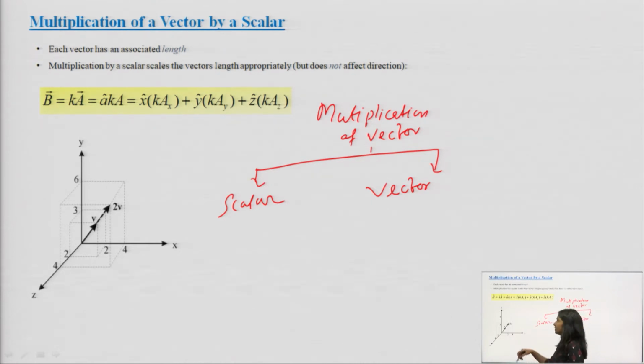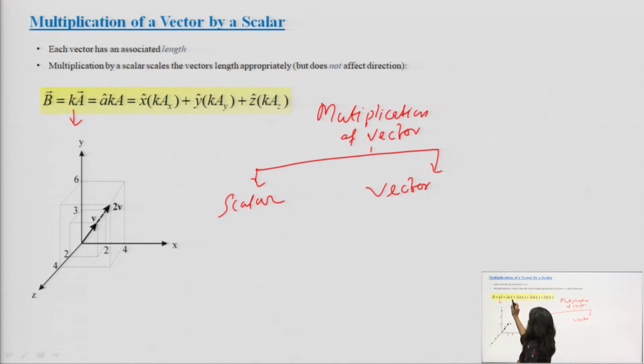As for example, here this scalar k is multiplied with a vector a, then b is another vector with the same direction. If the value of k is positive, the direction of b will be the same as that of a.